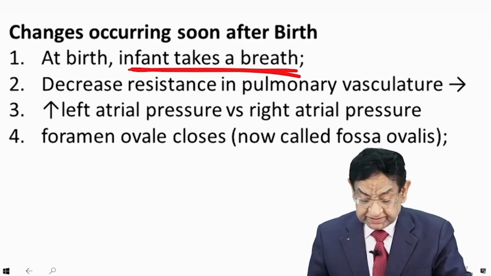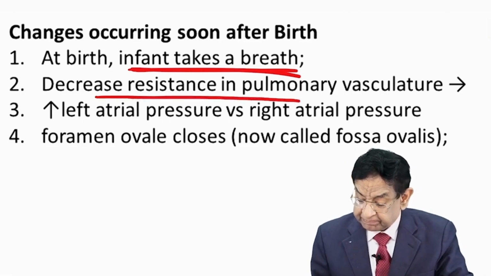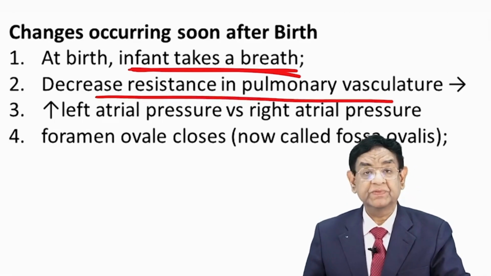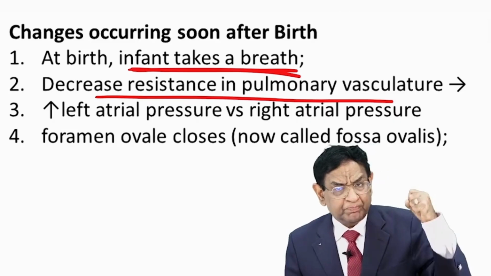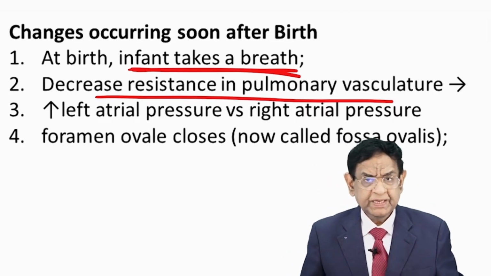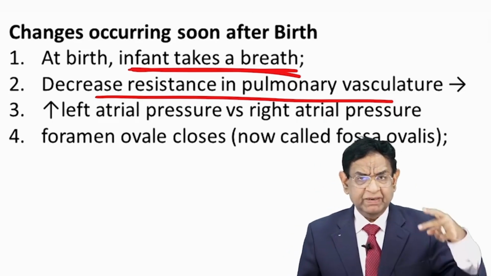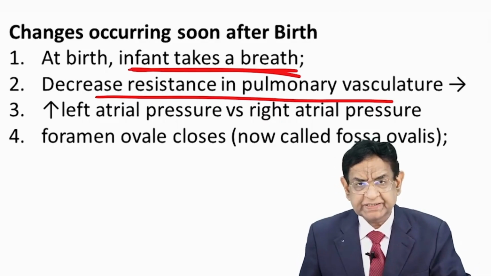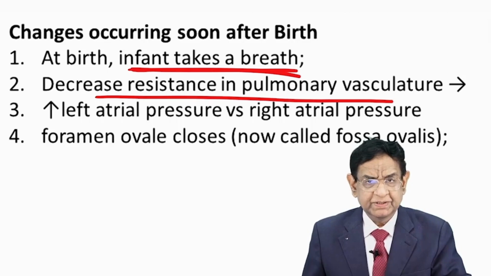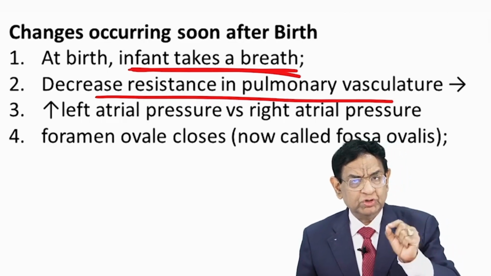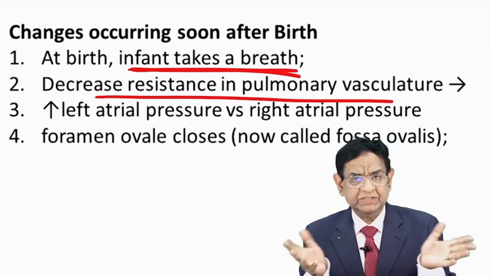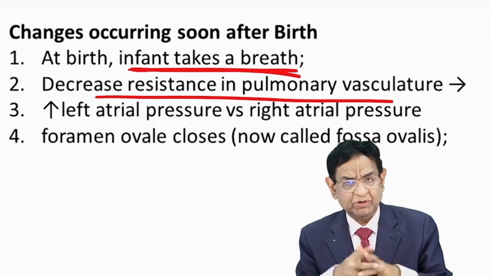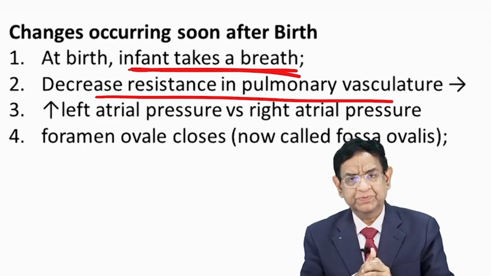So now there is a reduction in the resistance in the pulmonary vasculature. Look, the moment the child is born and the moment the umbilical cord is cut, that means the source of oxygen is gone. Mother's oxygen is not coming because the umbilical cord has been cut and tied also.